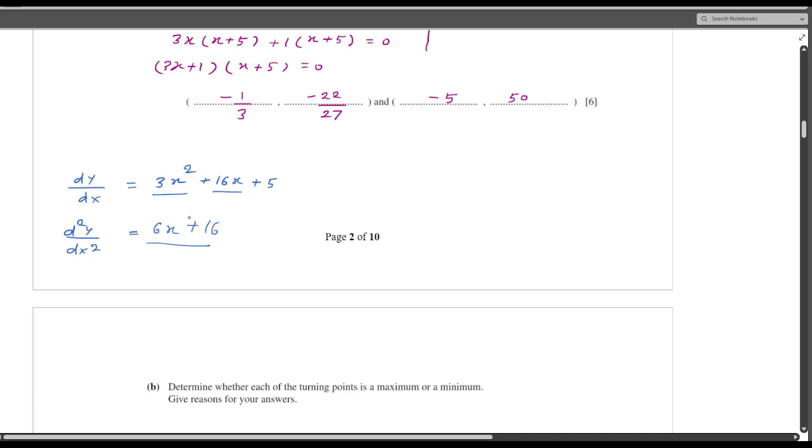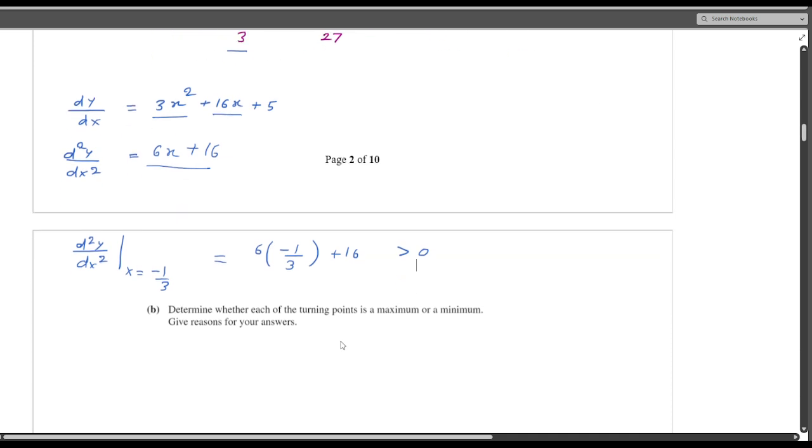Now for the second derivative, I will check its value at these two stationary points. So I find my answer when x is equal to minus 1 by 3. When x is minus 1 by 3, it is 6 times minus 1 by 3 plus 16. Definitely the result is greater than 0.